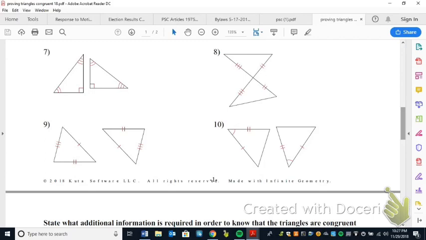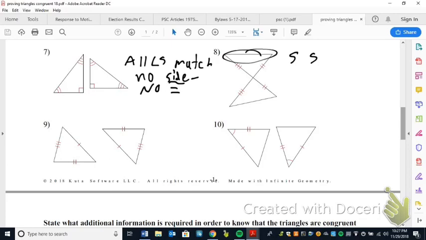Number 7, we have all angles match, but no sides. So no dice on the congruency. Number 8, we have two sides that match up. We have one set of sides there, a second set of sides there.